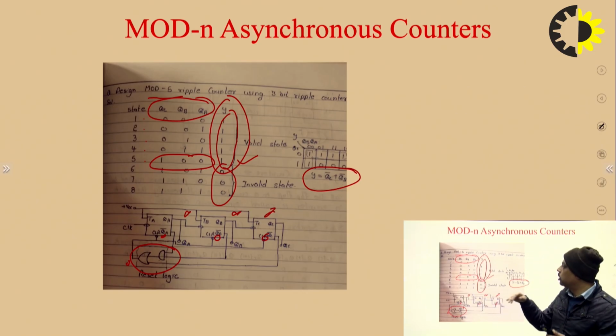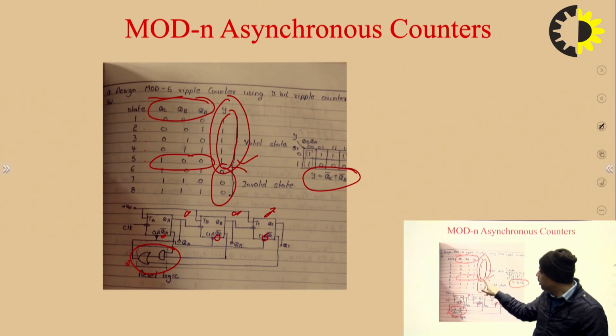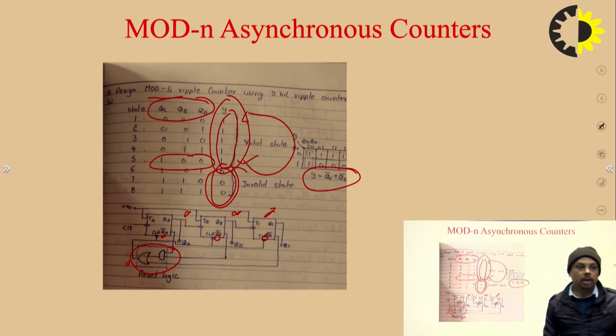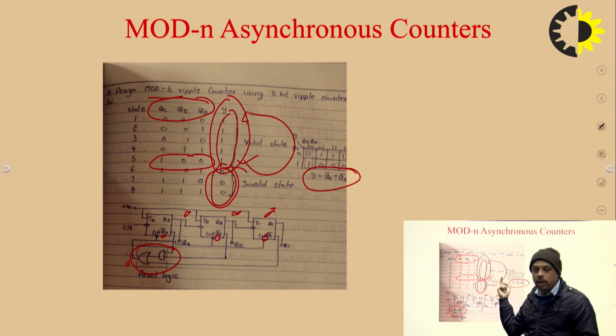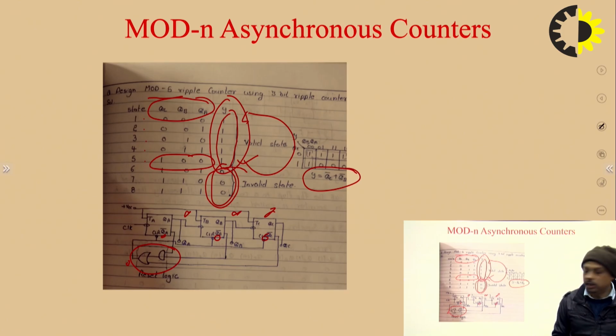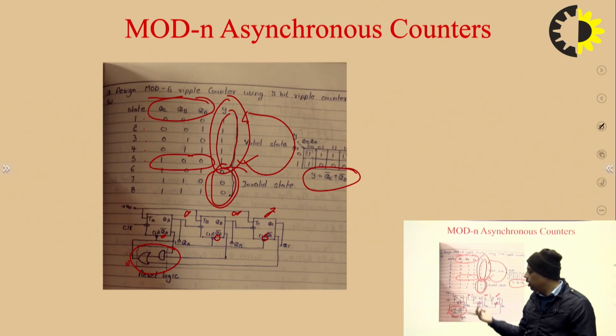So the counter is not going to read the states 010, 011, 110 and 111. It directly goes from this state to reset to the previous state. So in this case, a mod-n counter works where we have valid and invalid outputs, and we can reset with the help of this reset logic for the states we want.